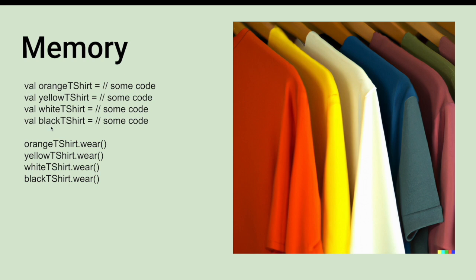And we want to take the t-shirts from the wardrobe and execute some function, which is wear. So we take the orange t-shirt, which exists in the wardrobe, and execute the wear function. The same for a yellow t-shirt, the same for a white t-shirt.